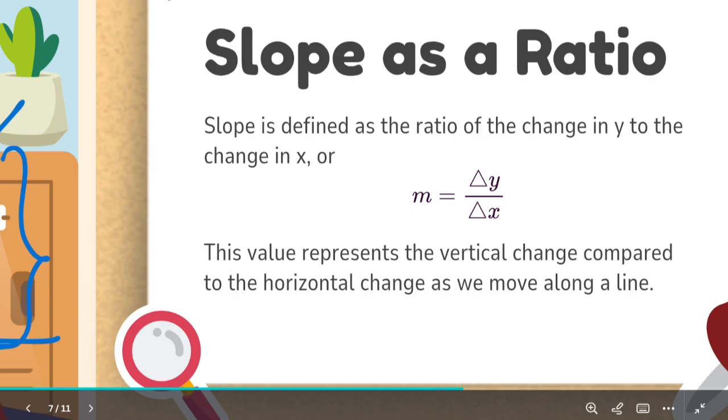This value represents the vertical change compared to the horizontal change as we move along a line.